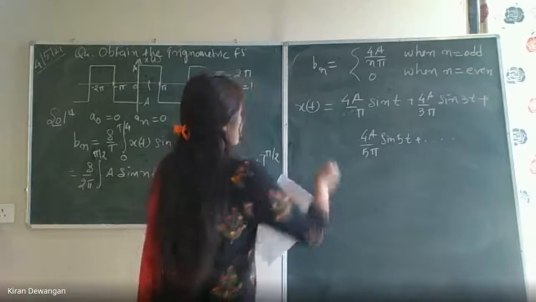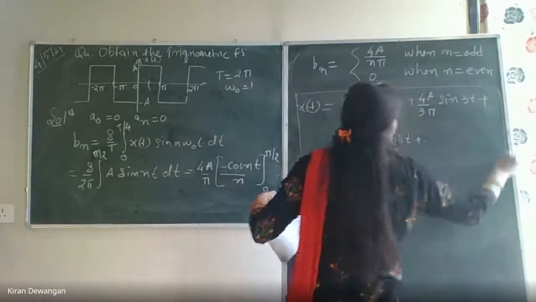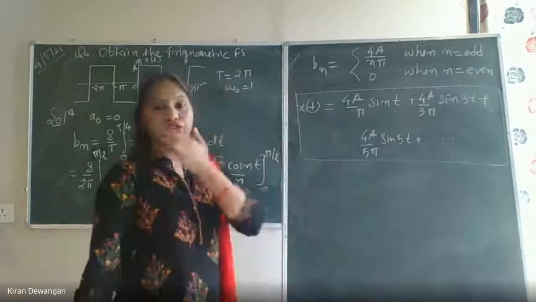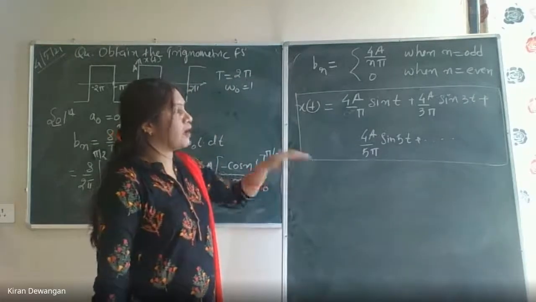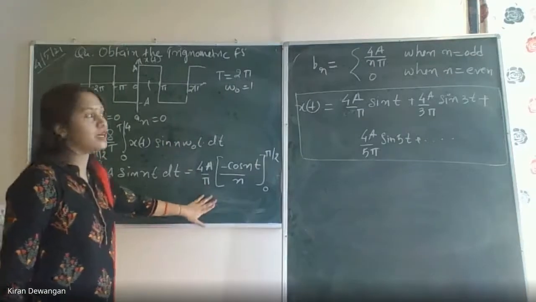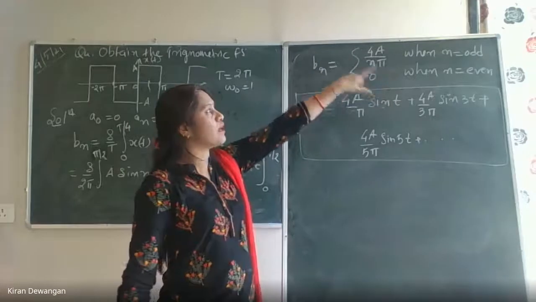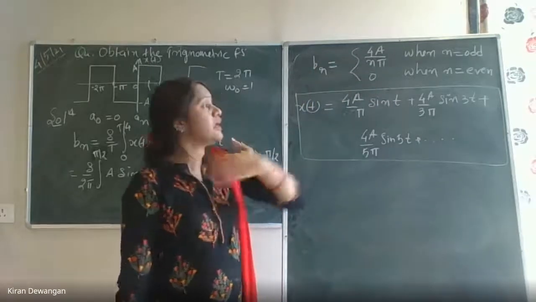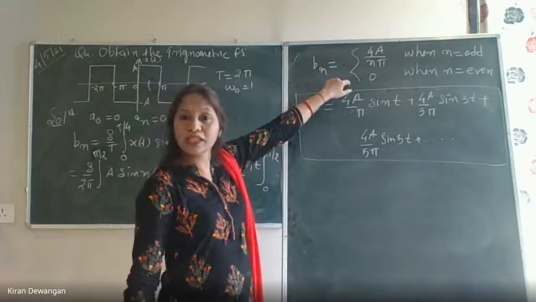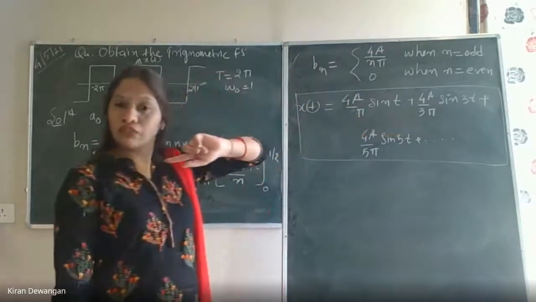Okay, so this is going to be our required Fourier series. This we need to solve. We'll be getting this as an answer for bn: for odd values of n it will be 4A by n pi, and for even values of n it will be just 0. After solving this, we need to put it in the Fourier series.